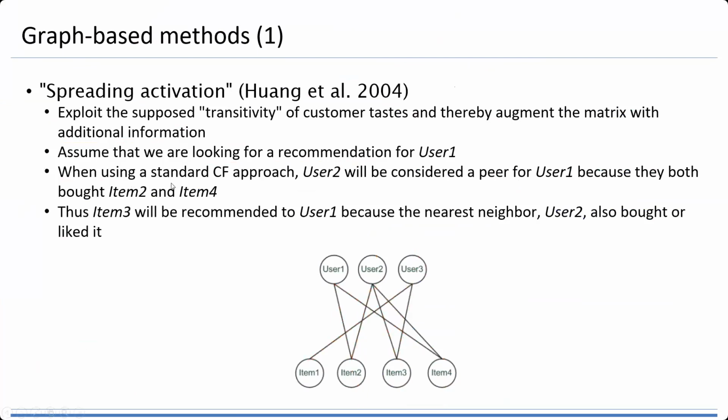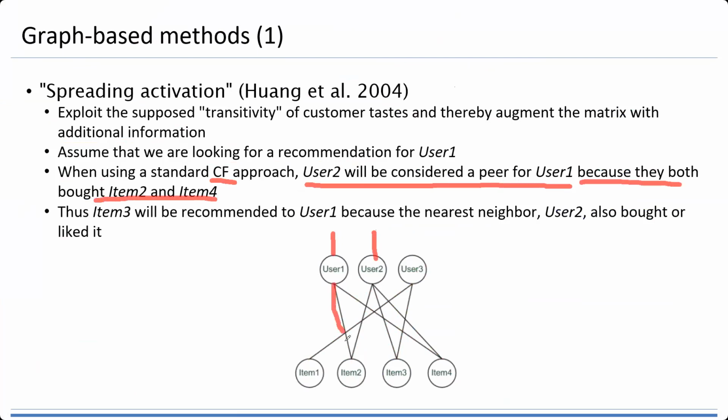So when using a standard CF approach, CF is the collaborative filtering that we already learned before, user 2 will be considered a peer for user 1 because they both bought item 2 and item 4. So user 1 and user 2.